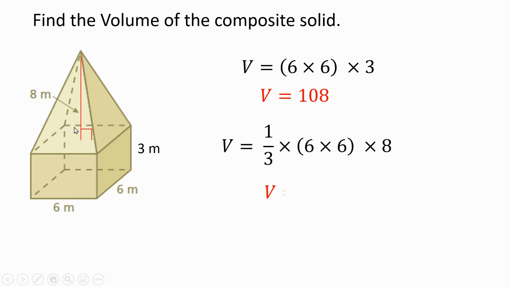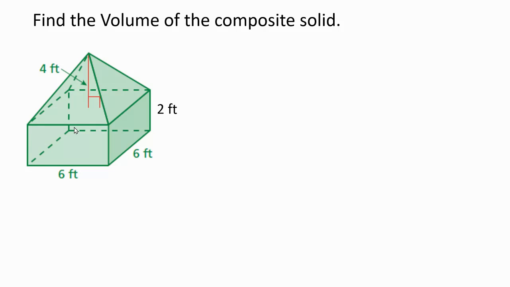So we end up with 96. Now, to figure out the total, you just add those two volumes up. So we get 108 plus 96, which is 204 meters cubed. So again, for the pyramid part, don't forget the 1/3.